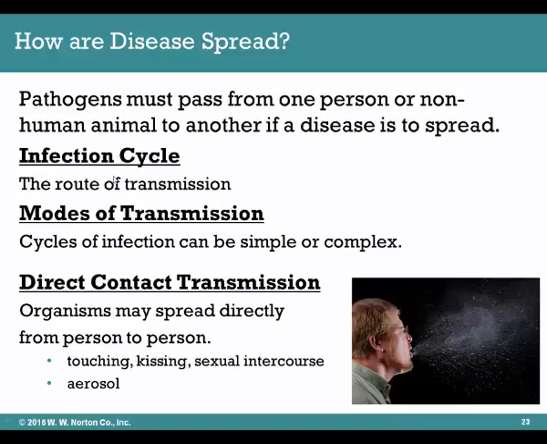So an infection cycle, while part of it includes the damage caused during disease in a host, part of it also includes how it's transmitted to a new susceptible host, because a microbe can't survive if it can't get to that next new susceptible host.